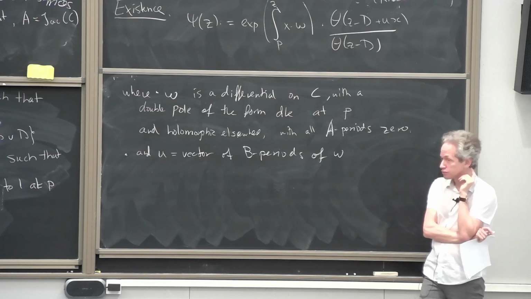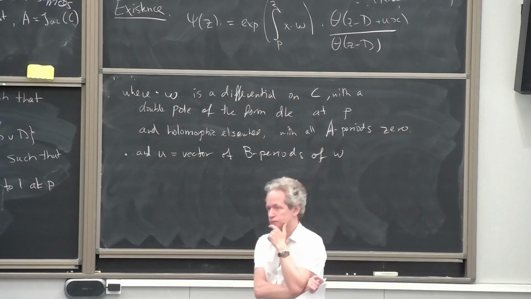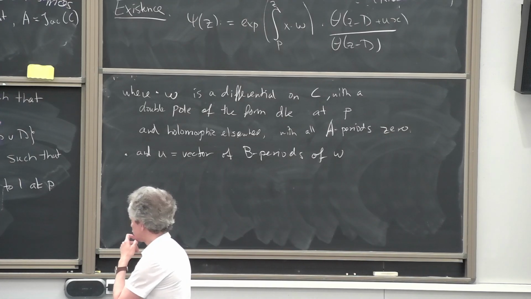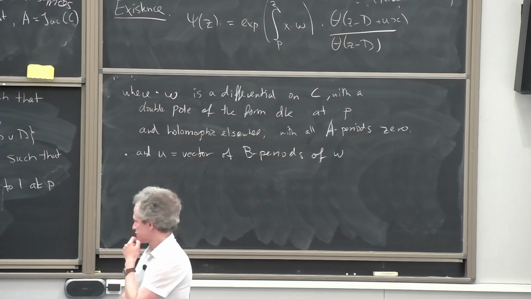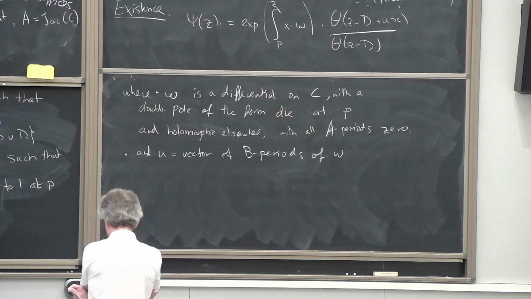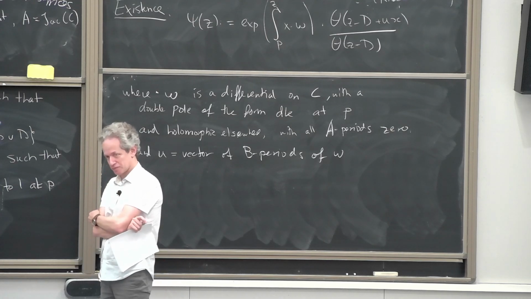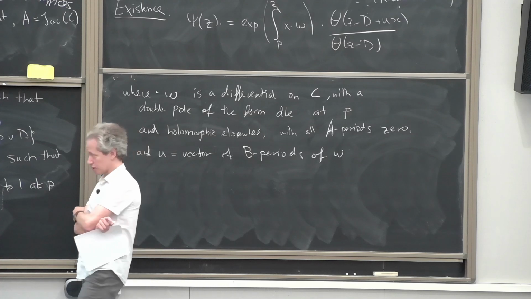Where is the differential equation? Yes? But I don't yet know what the differential equation on C means. What do you mean by differential equation on a curve? I better differentiate with respect to something.